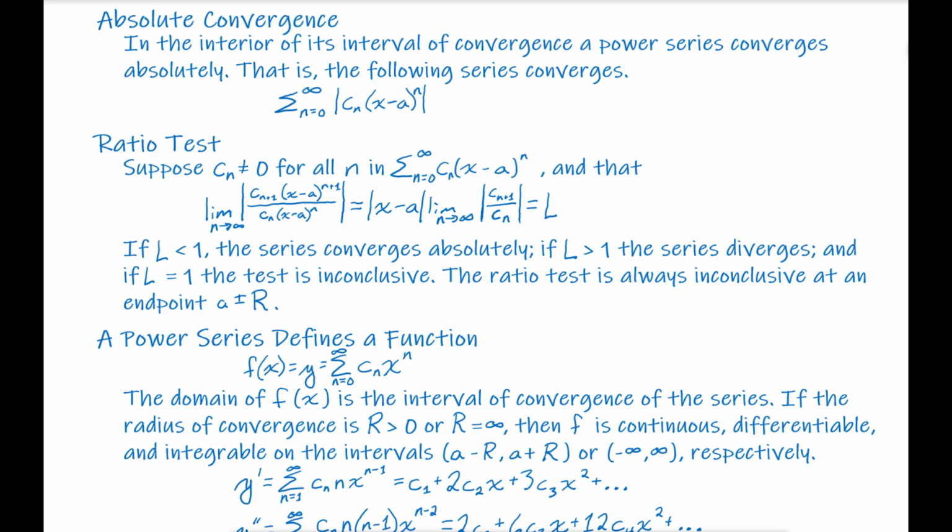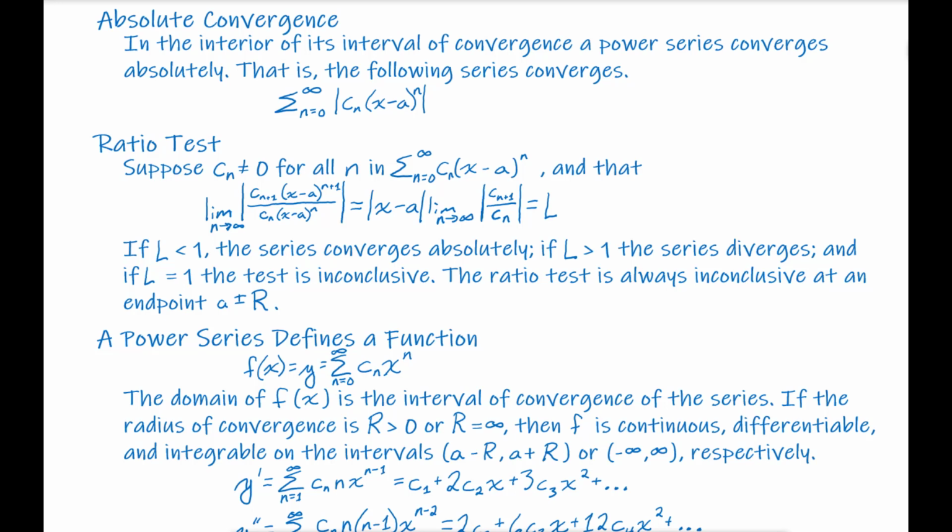And then what we look at is the limit as n approaches infinity of the ratio of c sub n plus 1 times the quantity x minus a raised to the power of the quantity n plus 1 divided by c sub n times the quantity x minus a raised to the nth power.